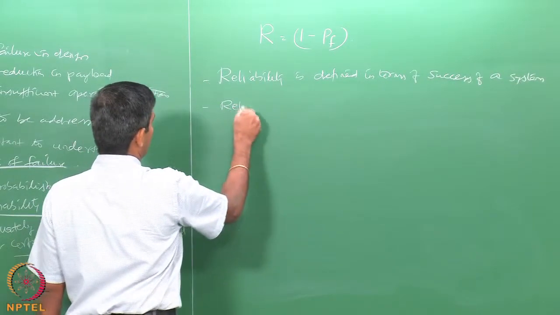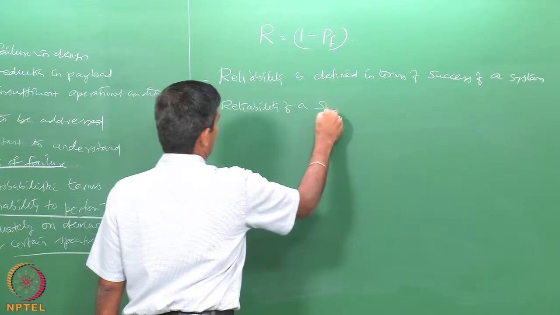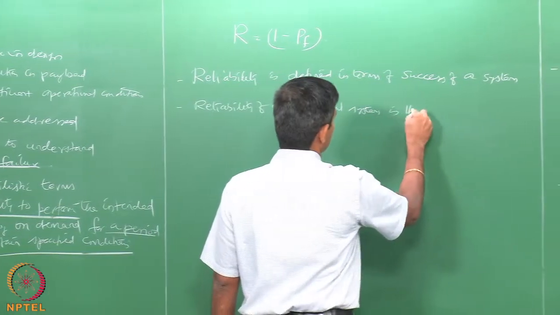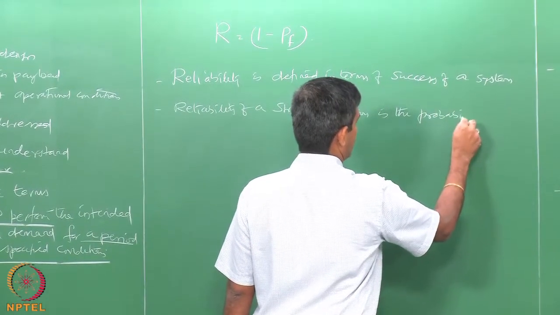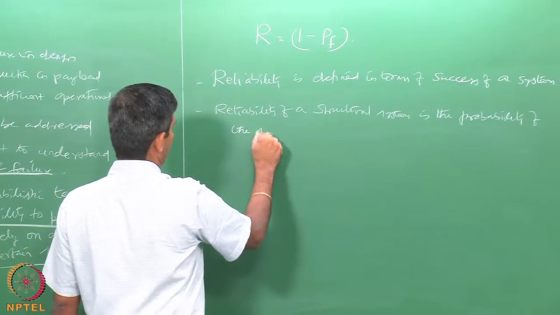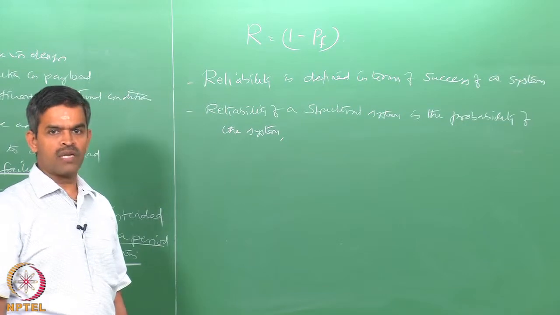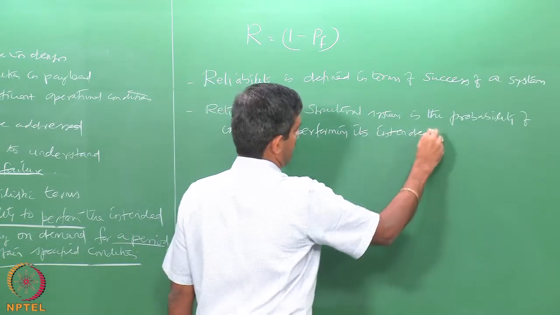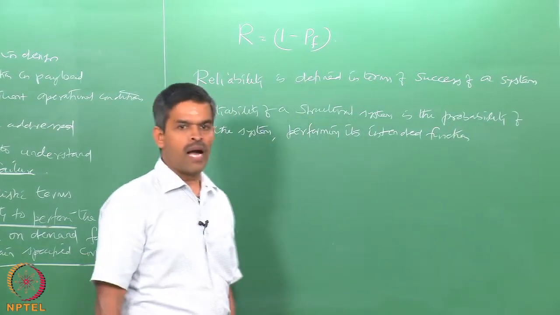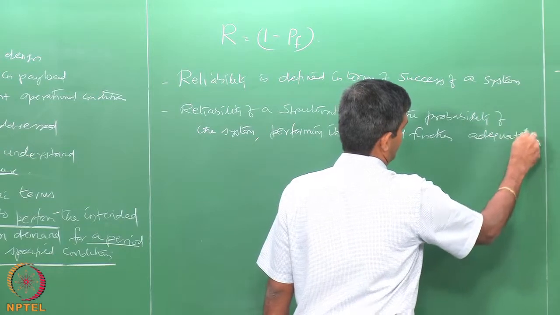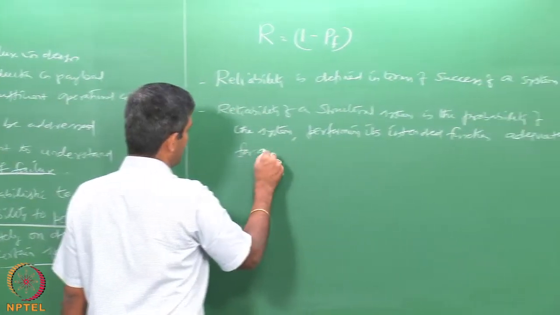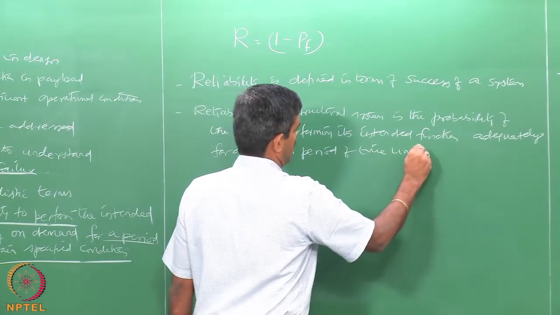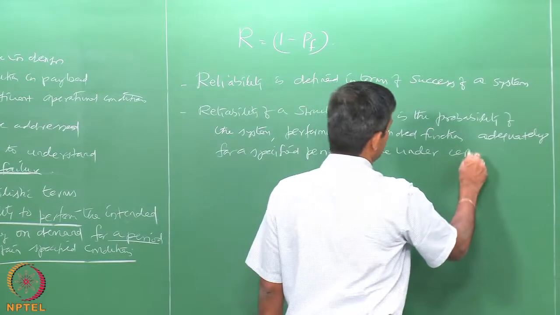Reliability of a structural system is the probability of the system performing its required function adequately for a specified period under certain stated conditions.